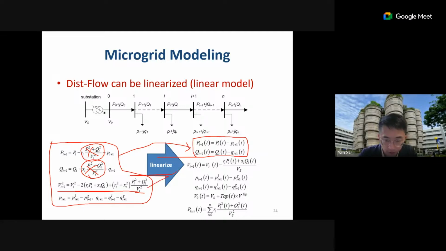And for the voltage, voltage is more complex, but we can still linearize it into this form.